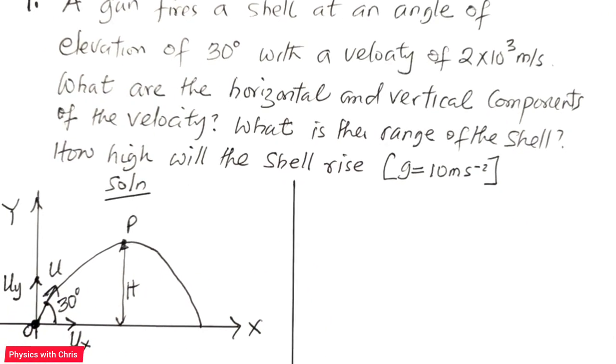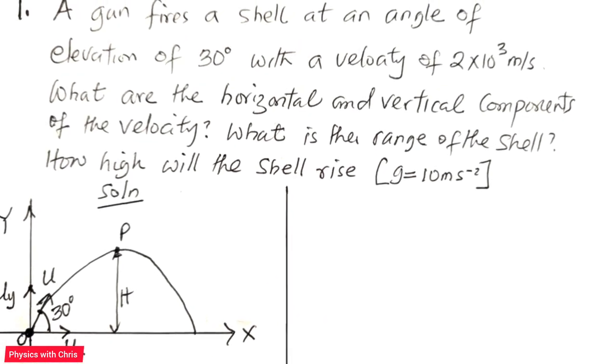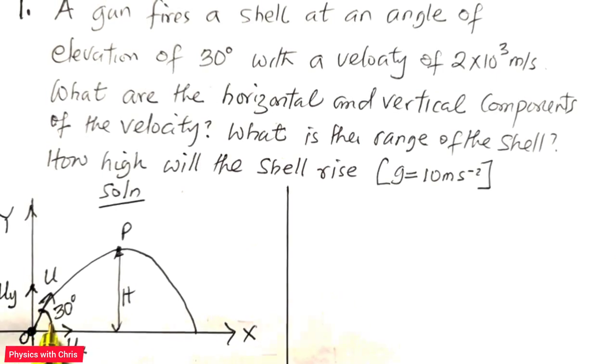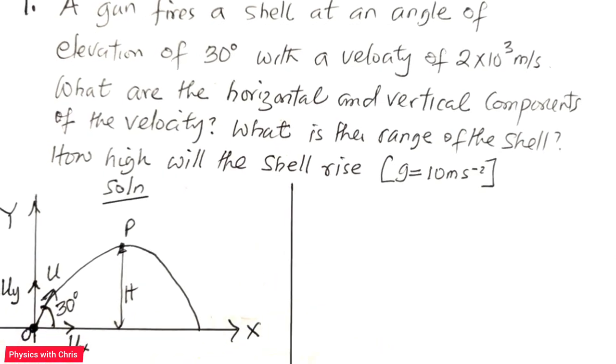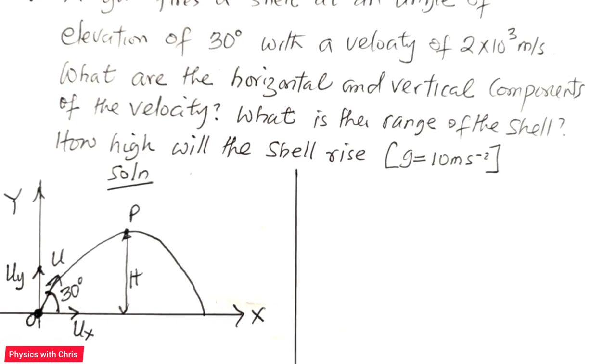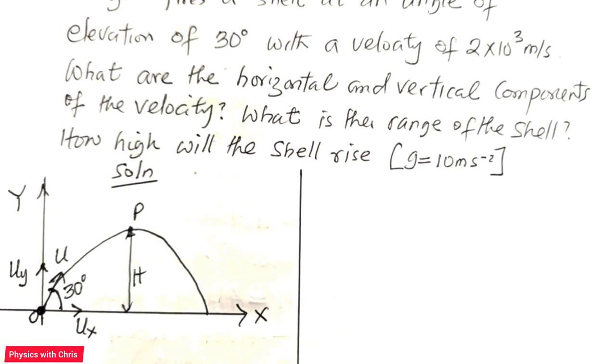When the body is projected here, we can resolve this velocity. Velocity being a vector quantity has direction. Since the velocity has a direction 30 degrees to the horizontal, it has a vertical component and also a horizontal component. In my last video, I derived expressions for these components of the initial velocity of the projectile, the one acting horizontally and the one acting vertically.